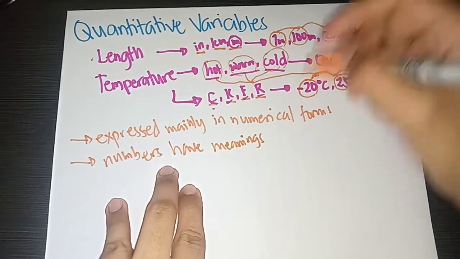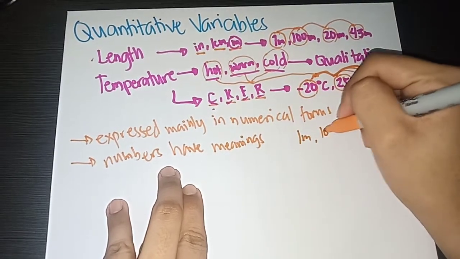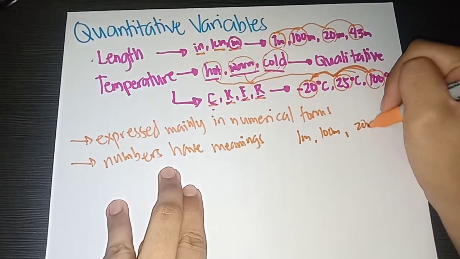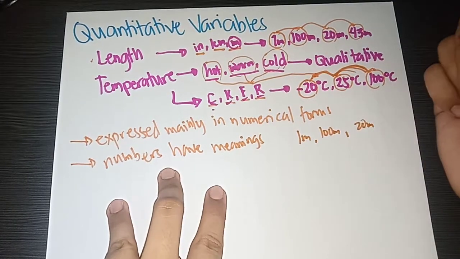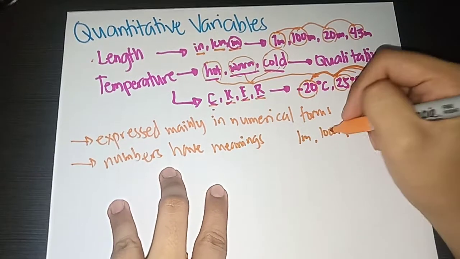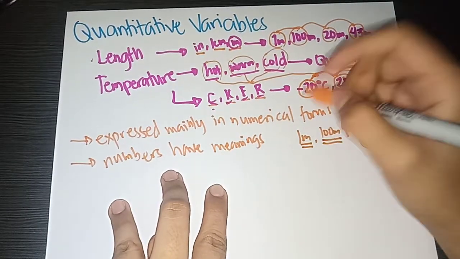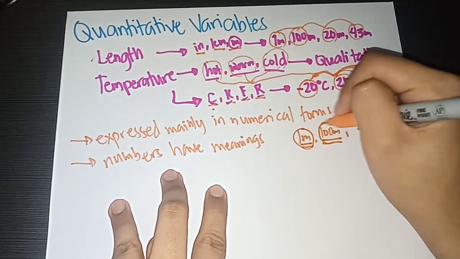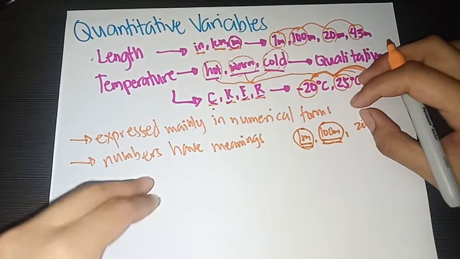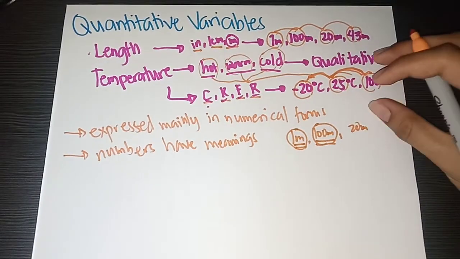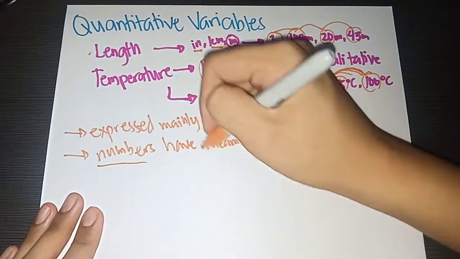Let's say we have 1 meter, 100 meters, and 20 meters. What would be the longest length? Obviously, the 100 meters. And the shortest length would be the 1 meter. So, we can identify differences and inequalities between the possible values. That is why numbers have meanings.